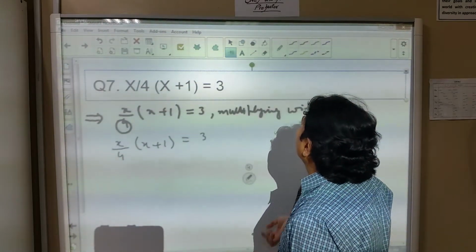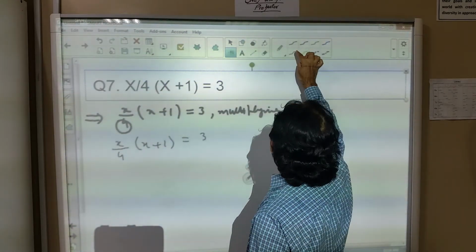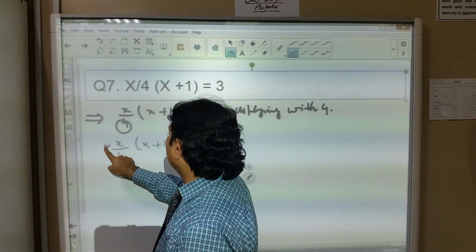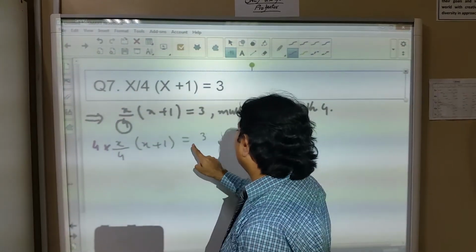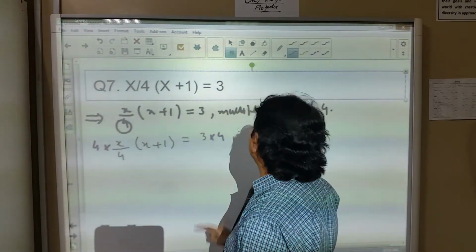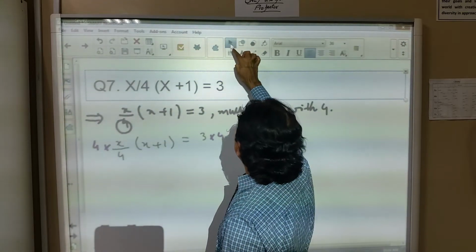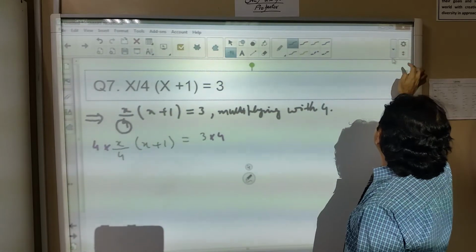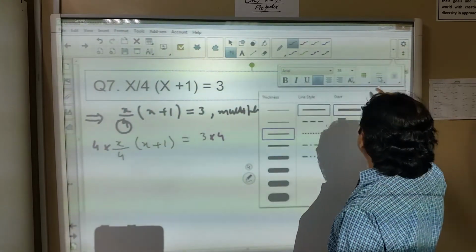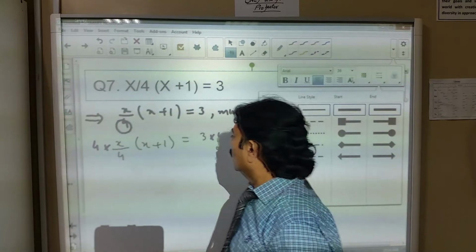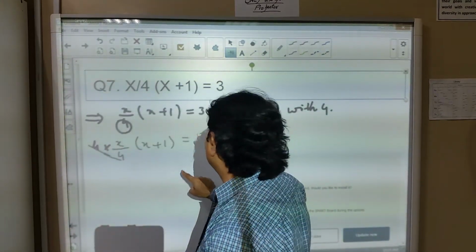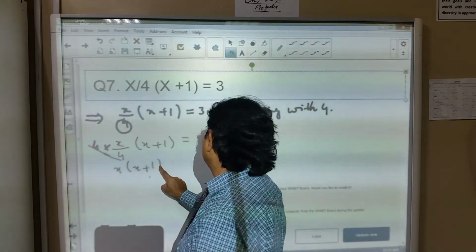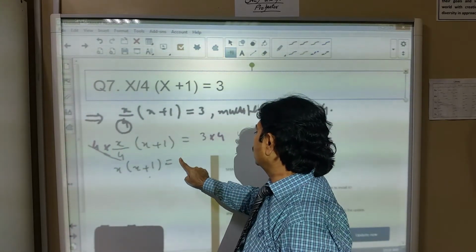Now you will multiply with 4 here, and also multiply with 4 here. So this 4 will be cancelled. Here it will be x into x plus 1 is equal to 3 times 4, that is 12.